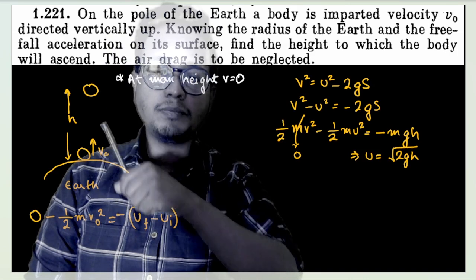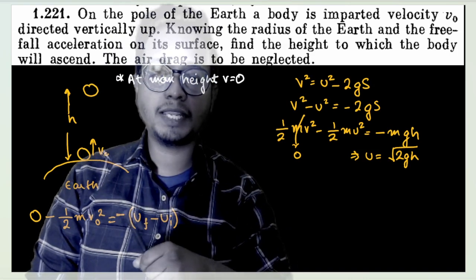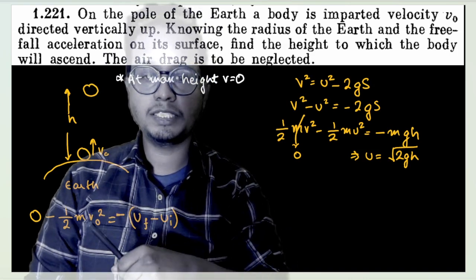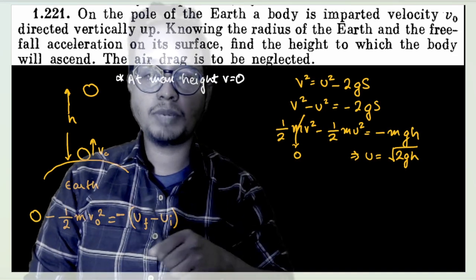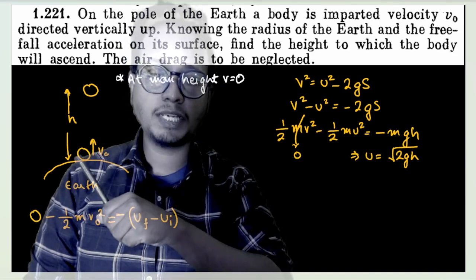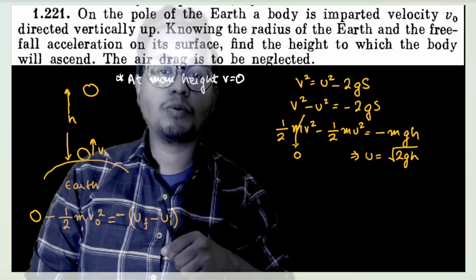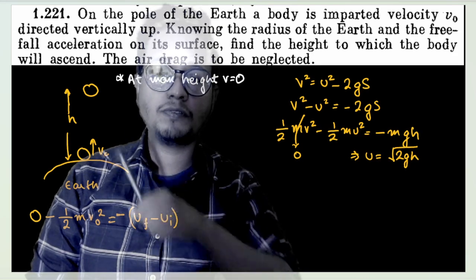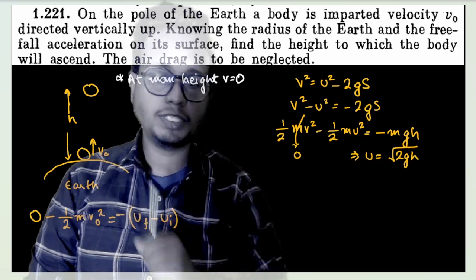If you multiply that by negative, you'll get the change in kinetic energy. A change in kinetic energy is equal to work done by all the forces, and there's only one force acting out here, the gravitational force. So the work done by gravitational force is nothing but the negative of final potential energy minus initial potential energy.